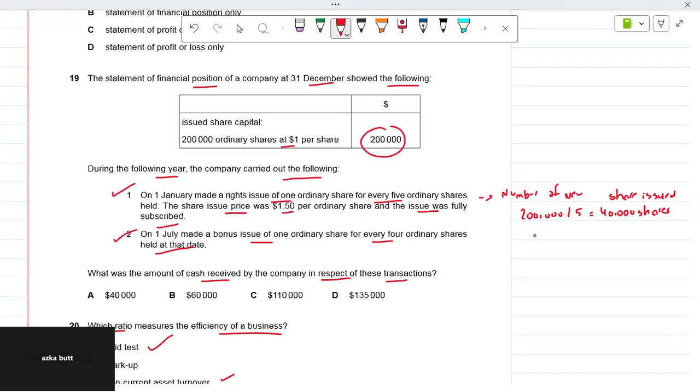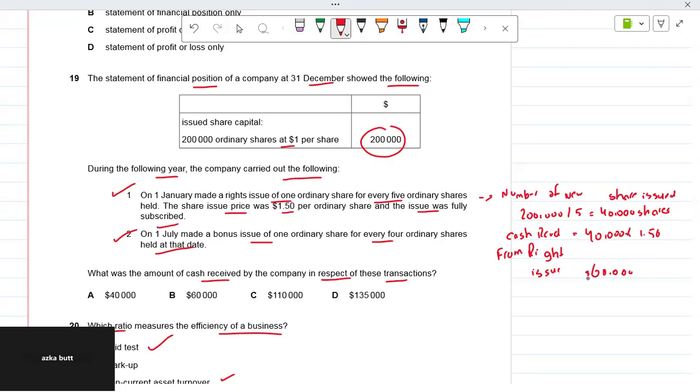So the cash received from the rights issue is equal to 40,000 multiplied by 1.50, which is equal to $60,000 cash received.